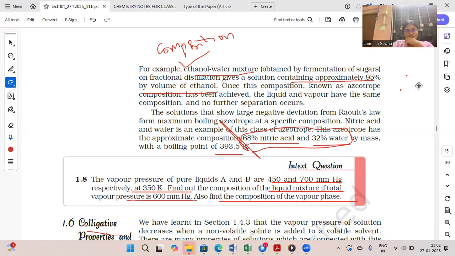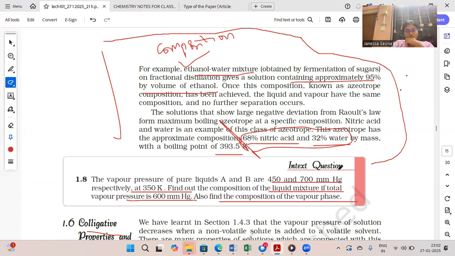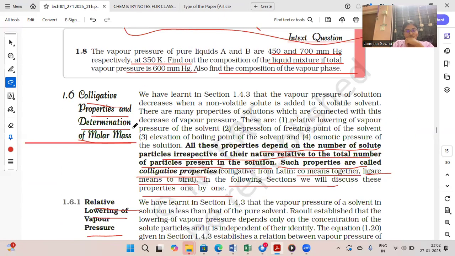Water and ethanol, the azeotropic composition is 95% ethanol and 5% water by volume. Whereas in nitric acid water system, this is 68% nitric acid and 32% water by mass. This is very important, and you can expect one more question from this.